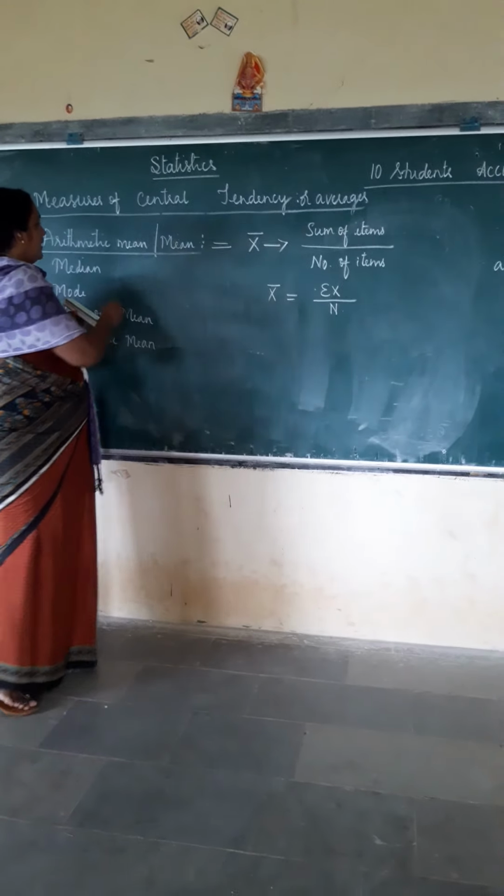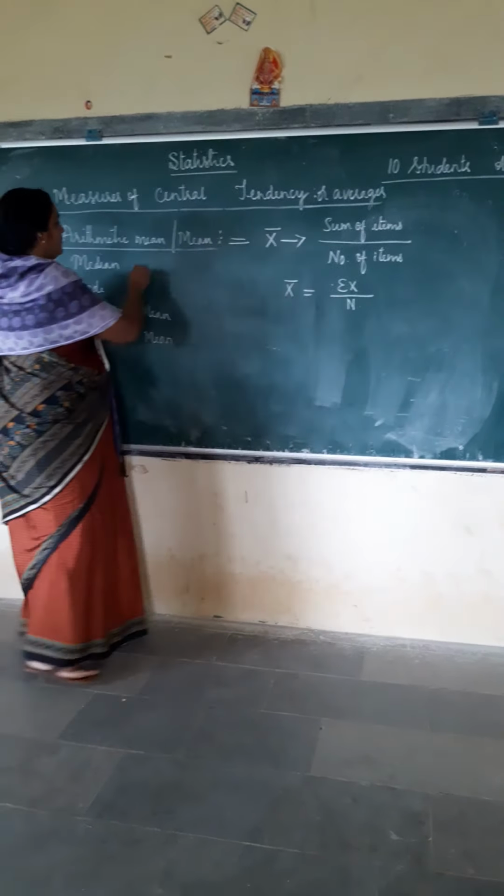So under mean we have two types. One is simple mean and the second one is weighted: simple average and weighted average. Okay.